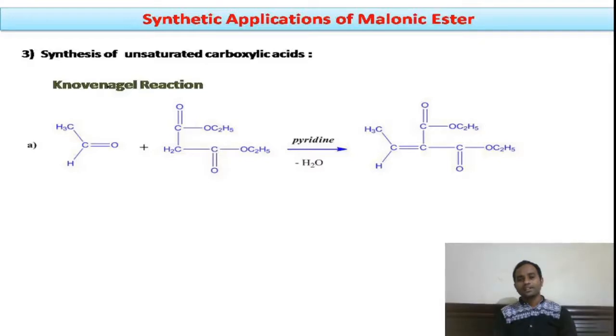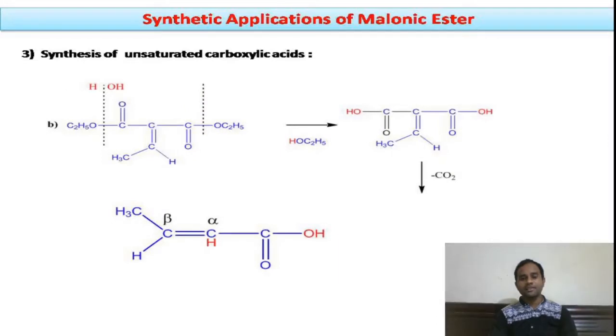This condensed product further undergoes hydrolysis in acid medium to lose two ethanol molecules to form this dicarboxylic acid having a double bond, right? This dicarboxylic acid will undergo decarboxylation upon heating, which is the characteristic property of this dicarboxylic acid, to lose one carbon dioxide to give our desired alpha, beta unsaturated carboxylic acid as the product.